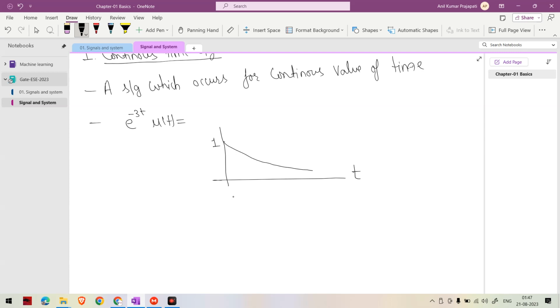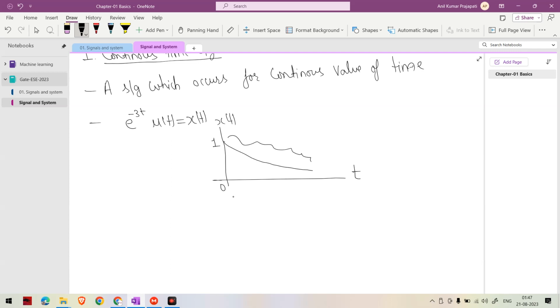Let's say this is equal to x(t). You can see at t equal to 0, this term will be 1 and x(t) equal to 1. For the positive side, this signal is present for every value of time. So there is no gap or discontinuity in any time interval; at no time is there a discontinuity in this signal. So it is a continuous signal.